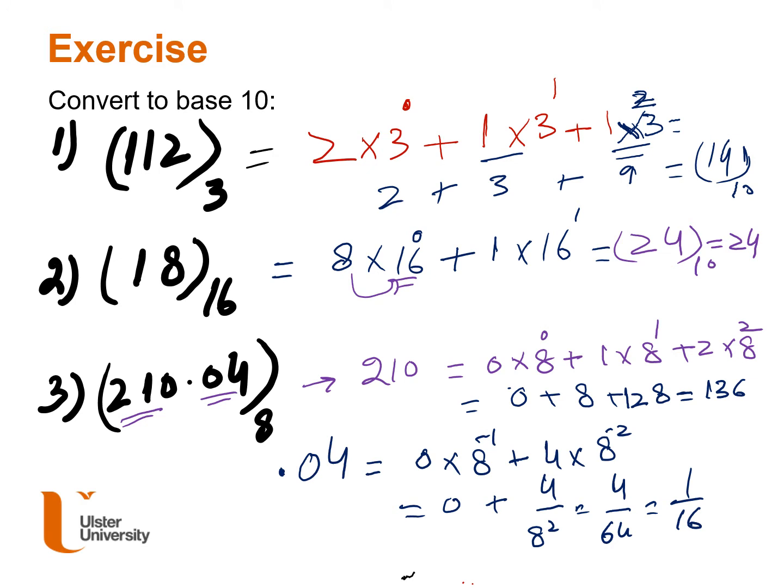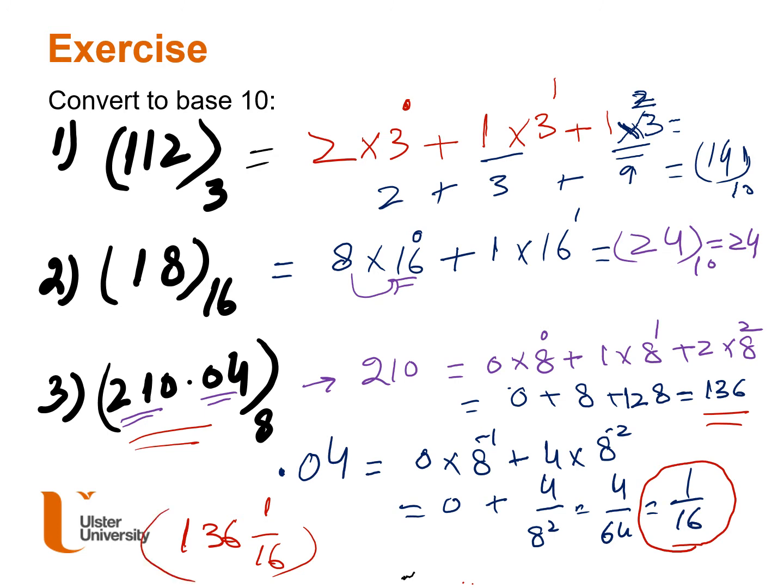So altogether our answer would be 136 and 1 over 16. That would be the conversion of 210 octal point 04 into decimal, into base 10.